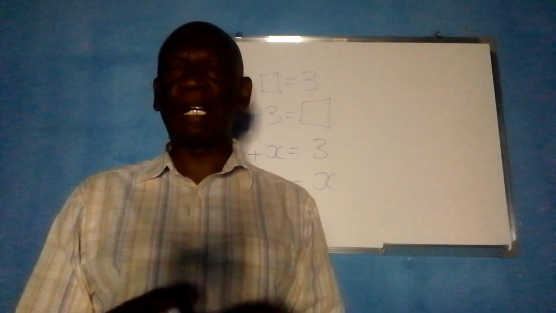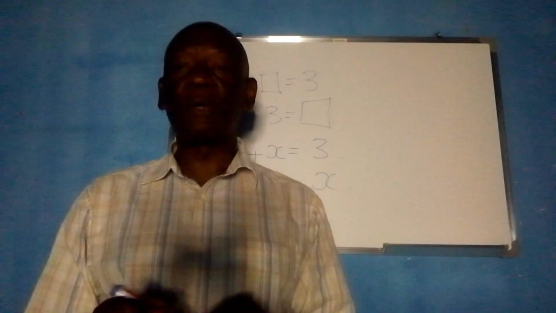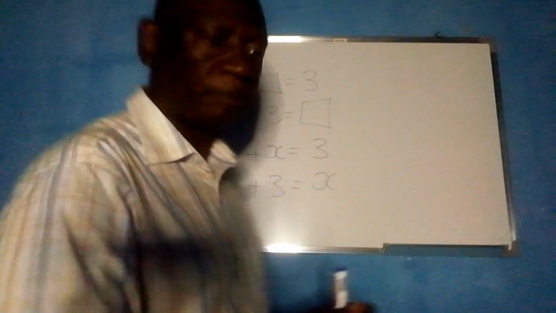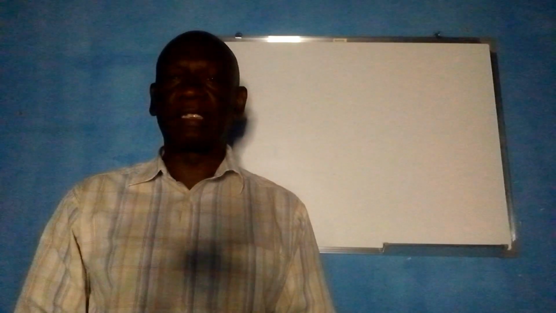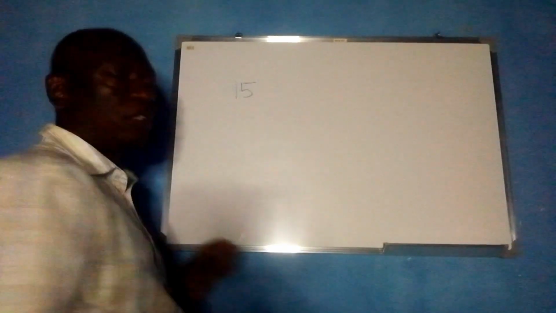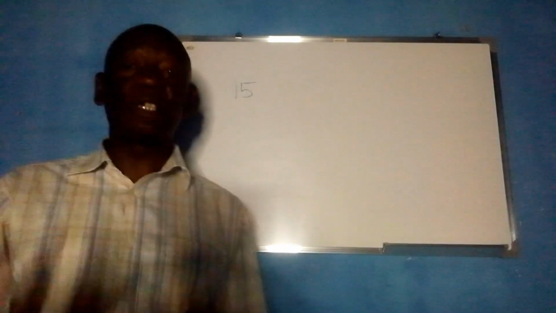And so now let's get back to our situation and see how we could write using algebra. We are told that there were 15 learners in this particular class. So another group of learners came in. We don't know their value.